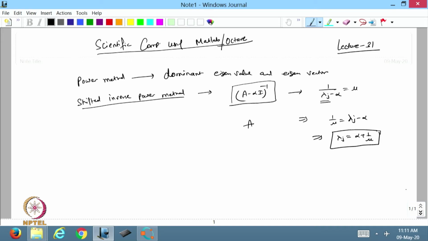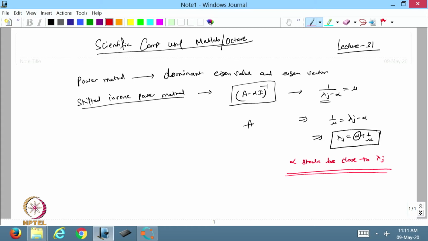Now, the question comes of how we can choose this alpha, because in the previous lecture we discussed that alpha should be close to lambda j, whatever eigenvalue we are finding.